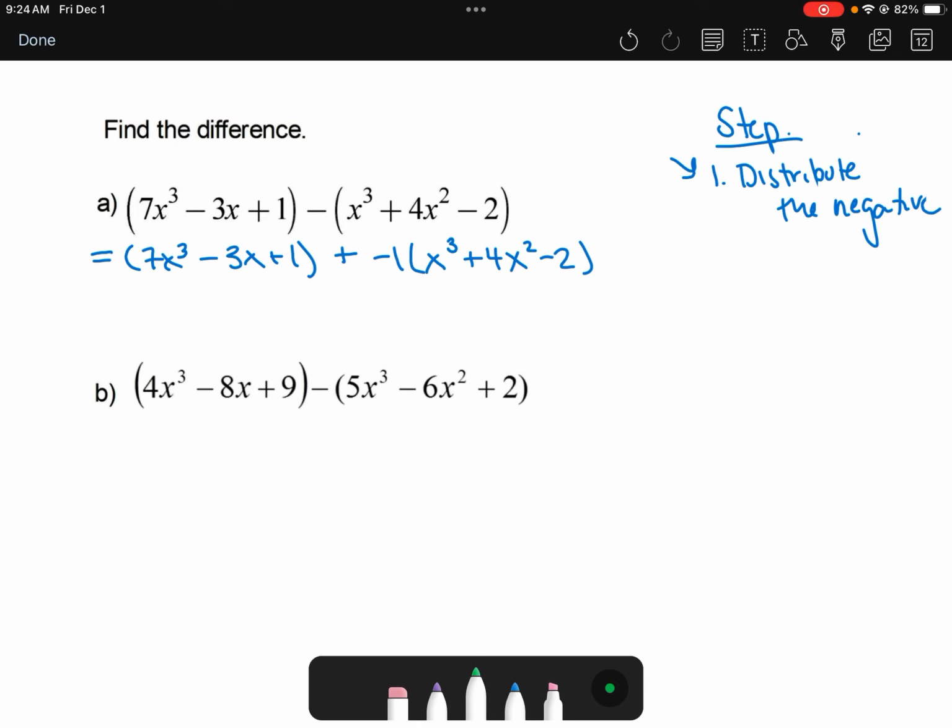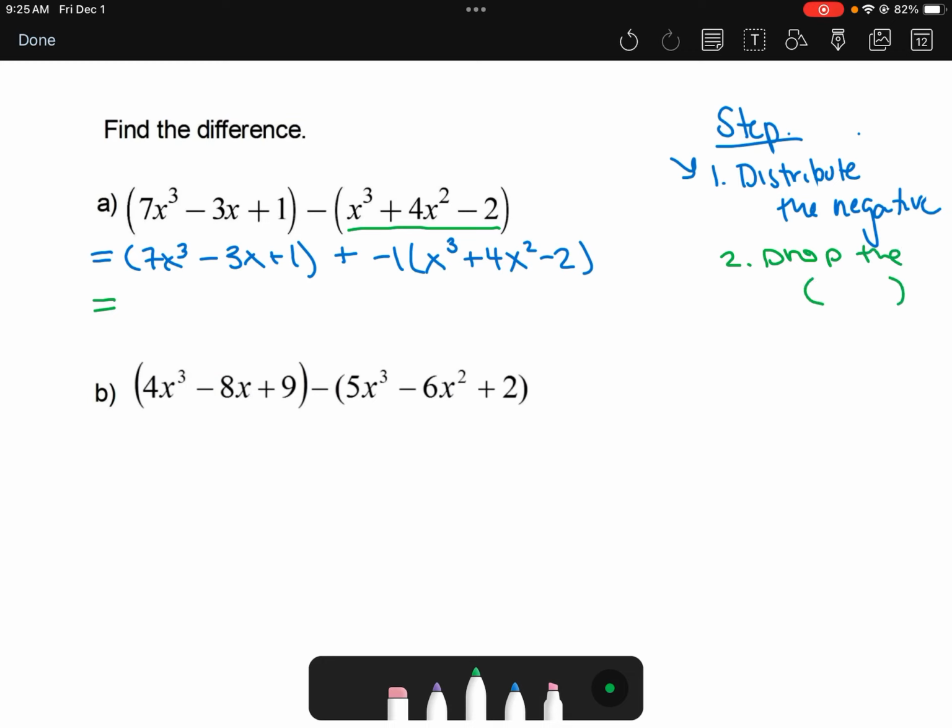We're making everything in this second parenthesis the opposite. If you don't want to think about distributing the negative, you could think about it as adding the opposite, so we're making everything opposite, which means if it's positive, it's now negative, and if it's negative, it's now positive. After we distribute, I'm going to drop those parentheses.